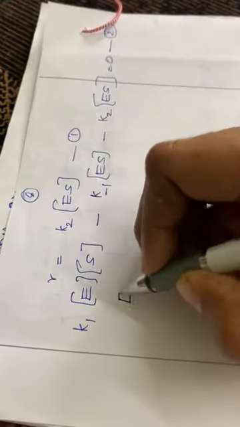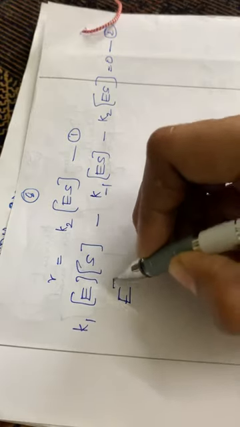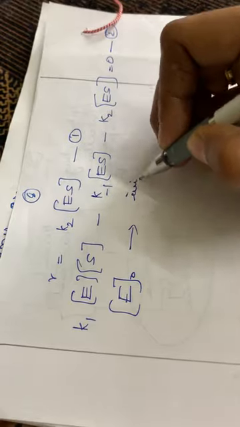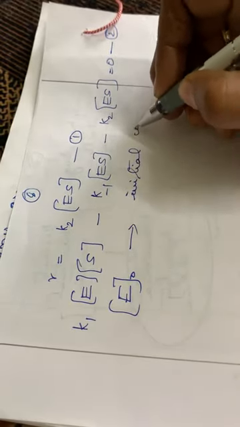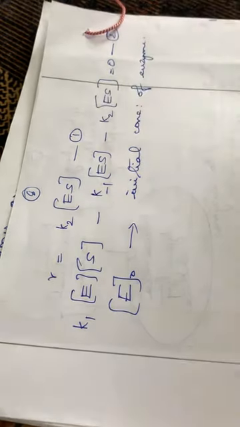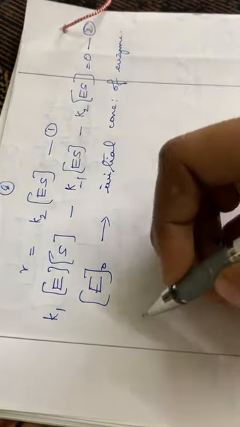Then now we have to write some substitutions. Let E0 be the initial concentration of the enzyme.